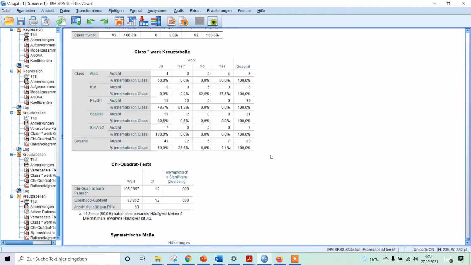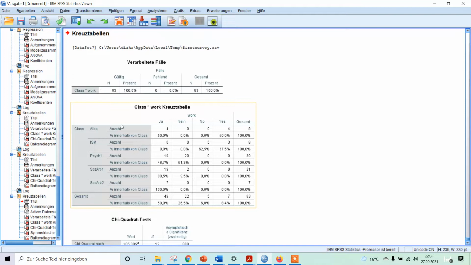And here you see we still have a problem in our cross table. We have German and English speaking students in our survey, so that we have yes and ja, and we don't want to have that. So therefore we first need to recode this variable, and then we apply the cross table again and also the chi-square test. But you see here already, here we have the absolute numbers, here we have the percentage in the row.